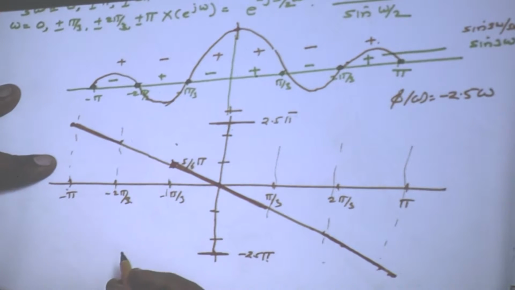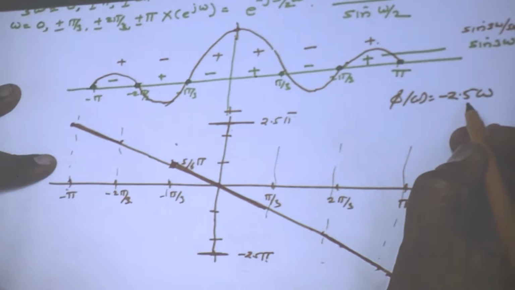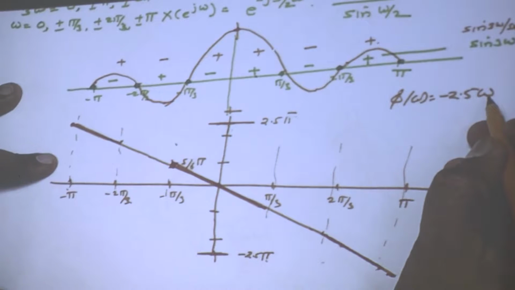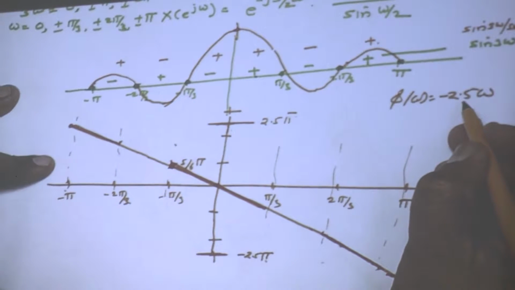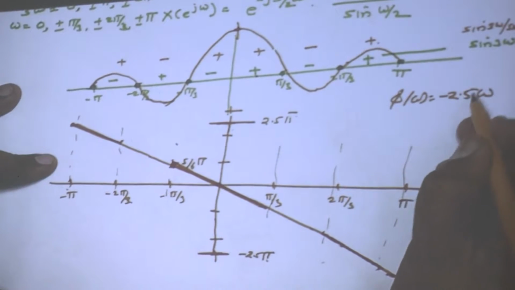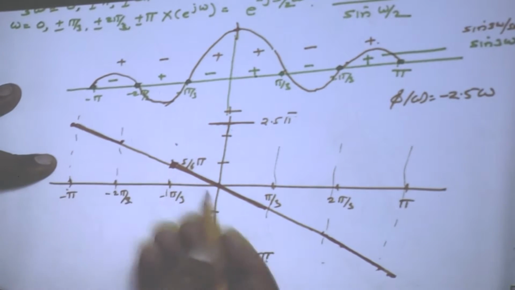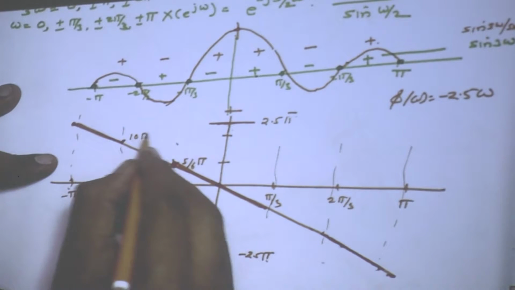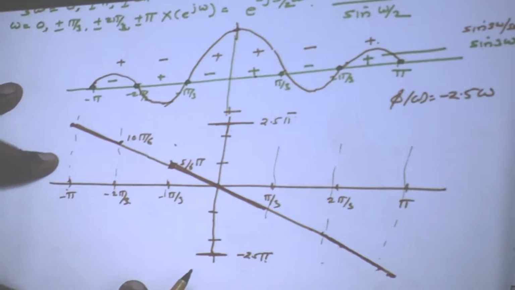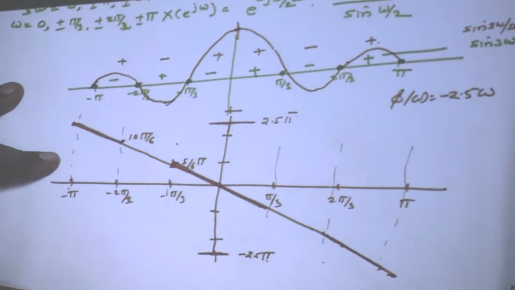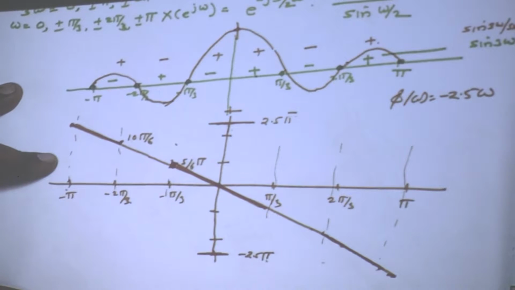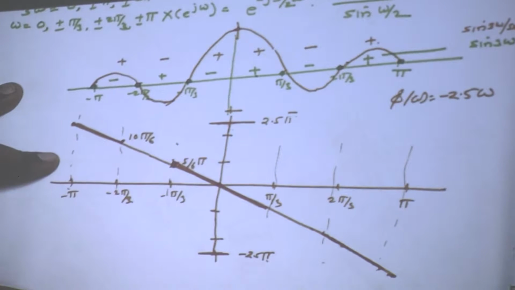How is that 5 by 6 pi? It is minus 2.5 times omega, where omega is pi by 3. 2.5 is written as 5 by 2. 5 by 2 into pi by 3 is 5 pi by 6. What is this value going to be? Twice of this. That means this is 10 pi by 6. And 10 pi by 6 is above pi. So what should I do? I should subtract pi from this.